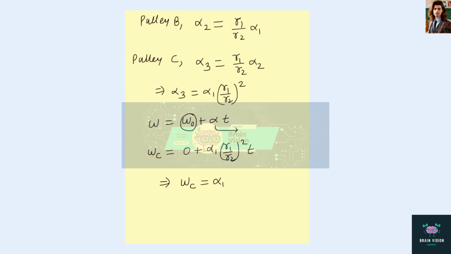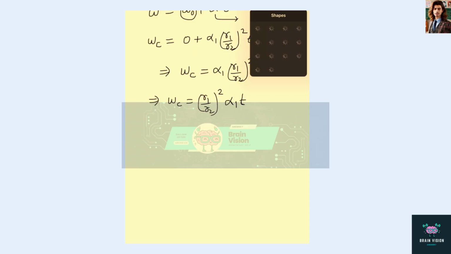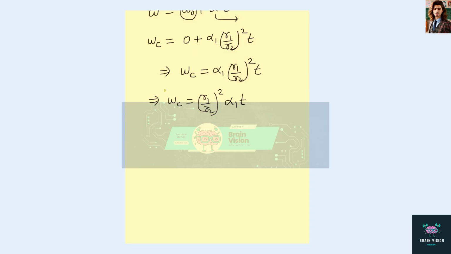So from here angular speed of pulley C comes out to be alpha 1 R1 by R2 whole square multiplied by t, which can be rearranged in the form as omega C equals R1 by R2 whole square alpha 1 multiplied by t.